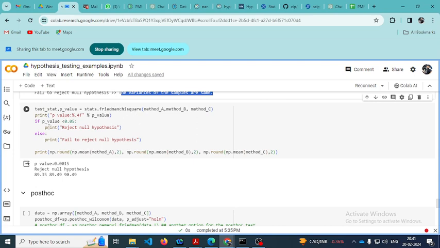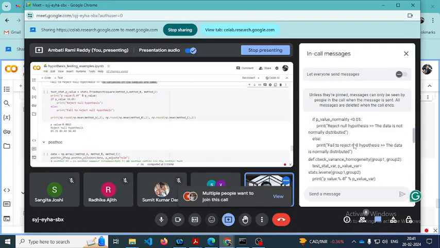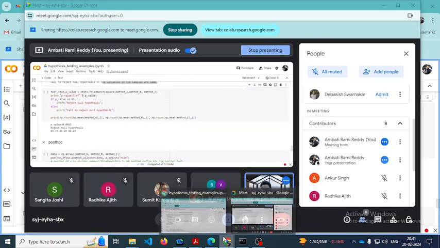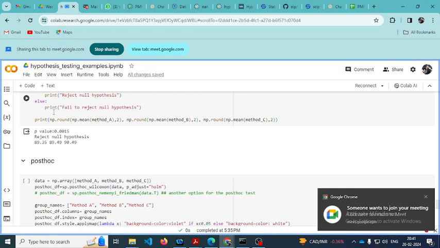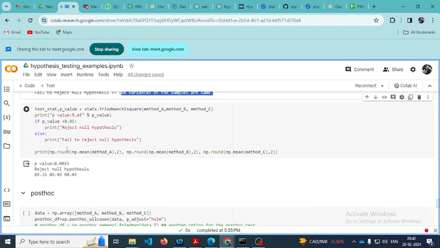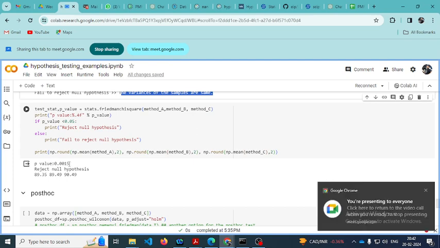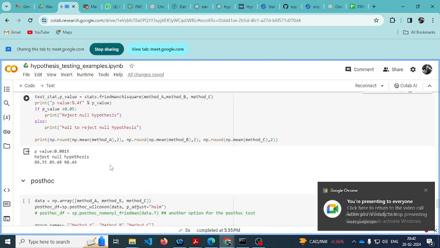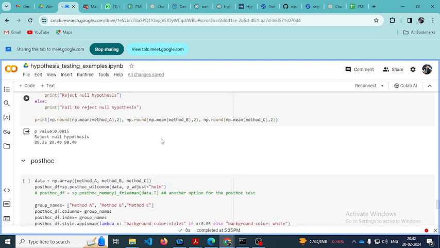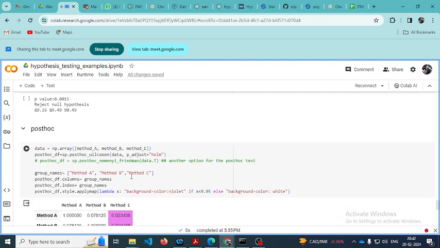You will get a p-value, and if your p-value is less than 0.05, we reject the null hypothesis. In this case we are getting a p-value of 0.015, so it is rejecting the null hypothesis. So if we want to make some conclusion, we need to go for some further analysis.